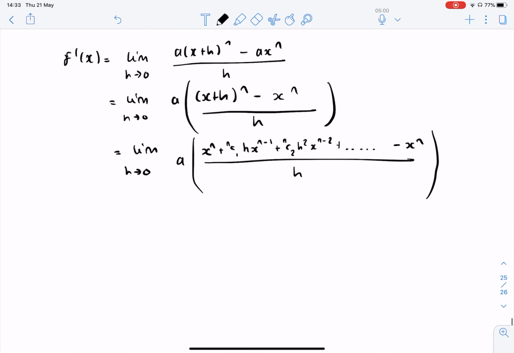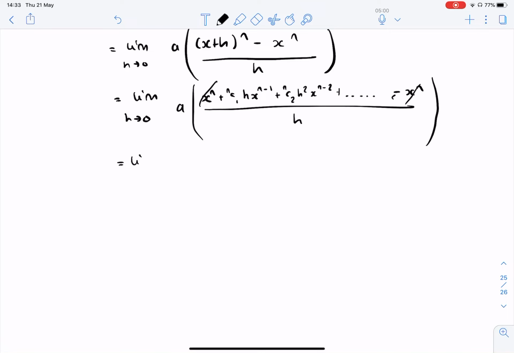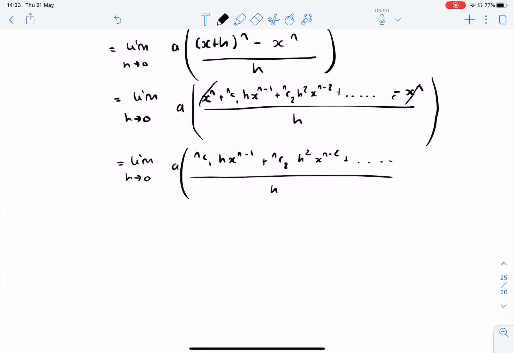Now, the first term here you can see cancels out with this, so we basically get left with the limit as h tends to 0 of a times n choose 1 h x to the n minus 1 plus n choose 2 h squared x to the n minus 2 and on and on and on, over h.